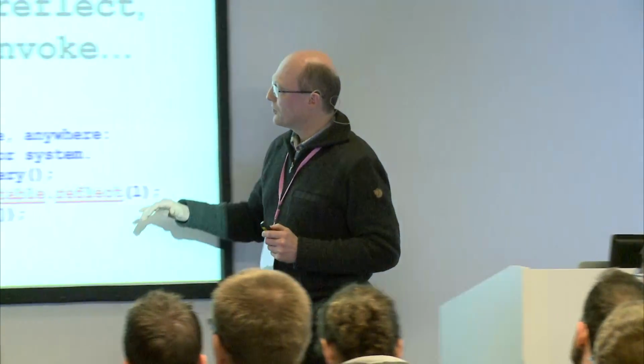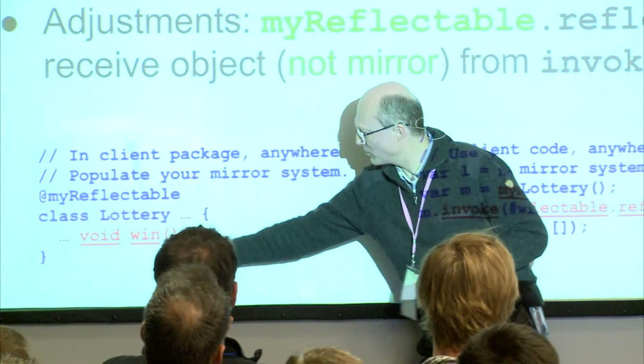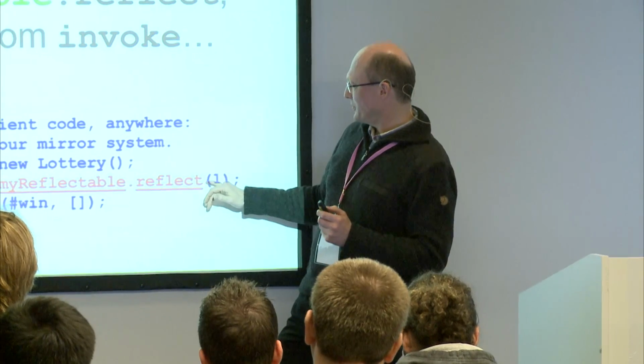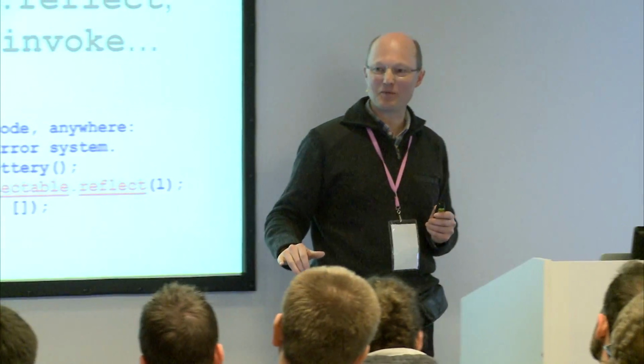Okay, so here again we have the myReflectable class, and we have this win method. And now we want to call this such that people can't see statically that we're calling the win method, because that's sort of unfair.